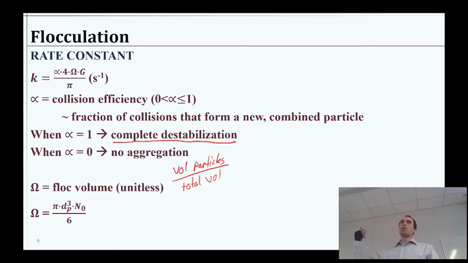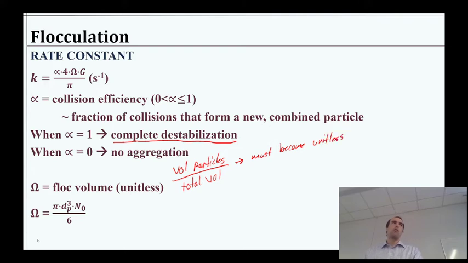So if it's cubic meters of reactor space divided by, or excuse me, like milliliters of particles or whatever, divided by cubic meters of reactor space, that's not going to work. We have to have the same units. So this must become unitless in order for the math to work.